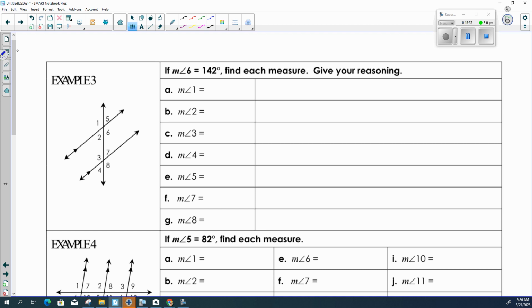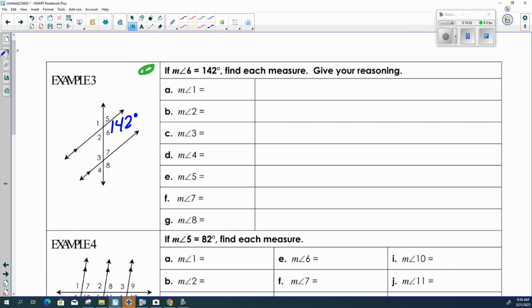And Seth, will you read these directions to us? This means the measure. When you read it, you say the measure of angle 6. Okay, we're going to make our picture nice and crazy, but write the 142 by angle 6.